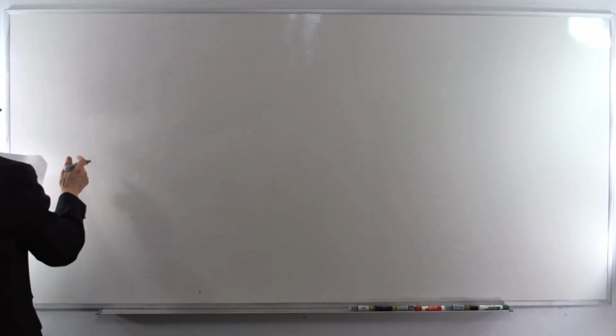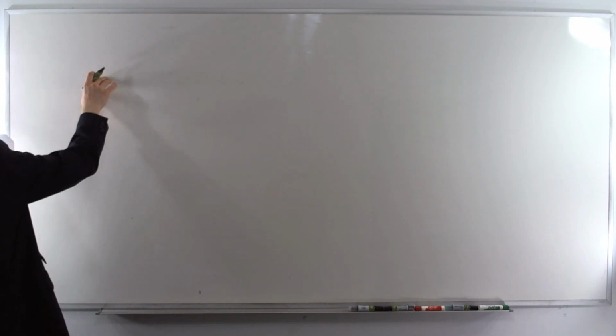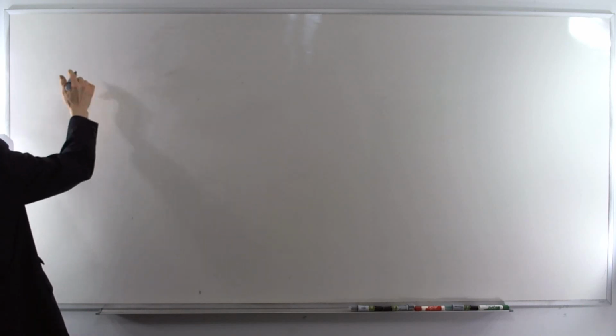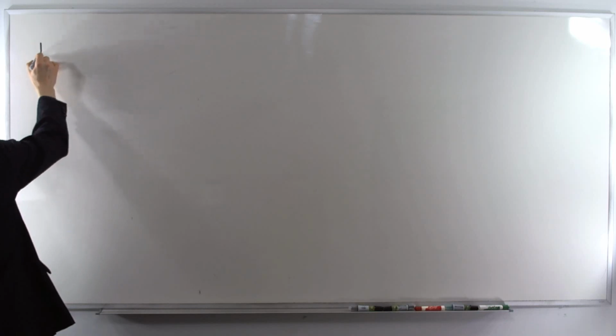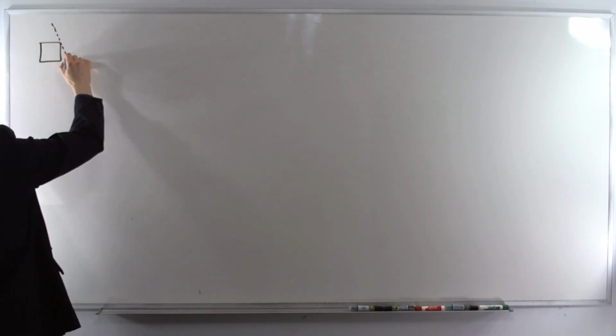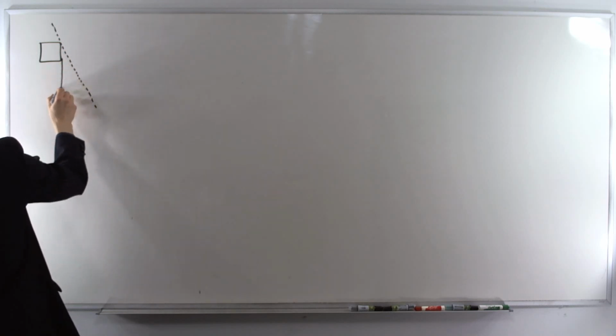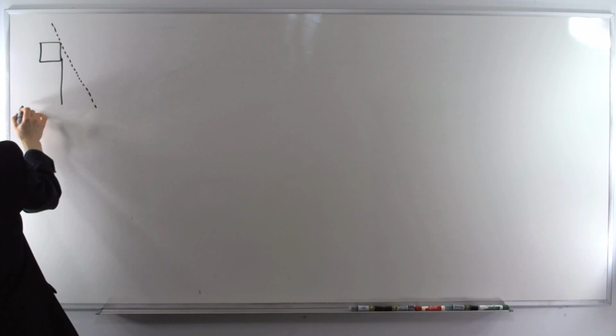So this idea of similar triangles can be used to find the heights of objects and structures that cannot be directly measured. So let's say we have a flagpole, and it's too high to measure.